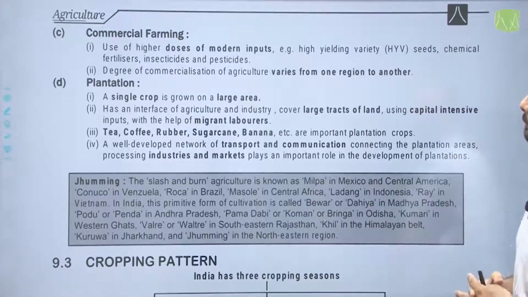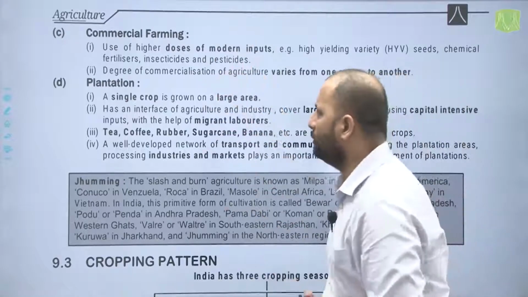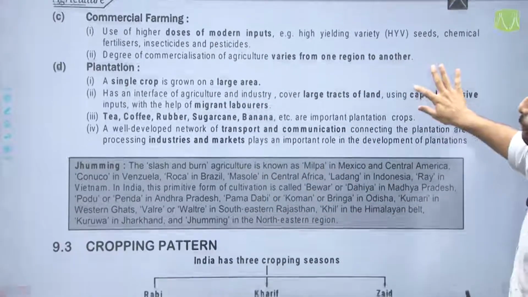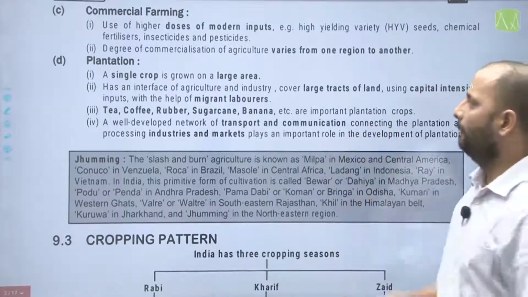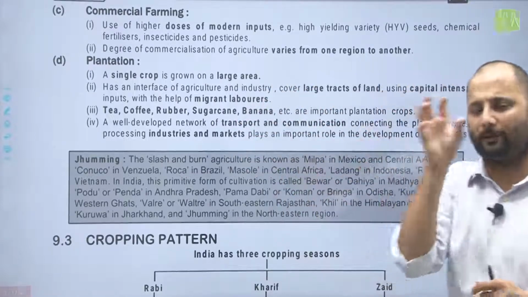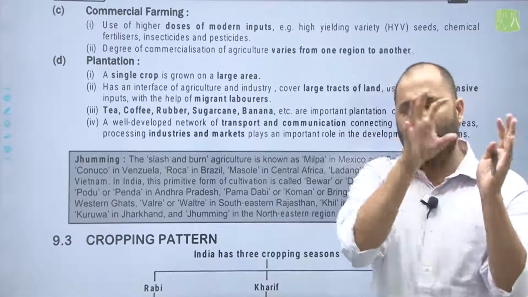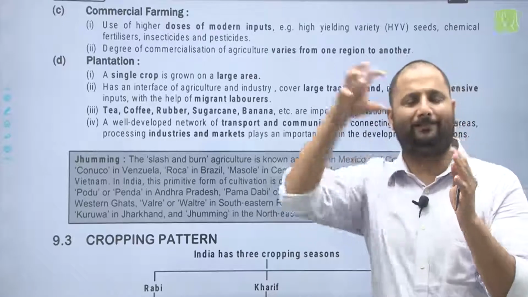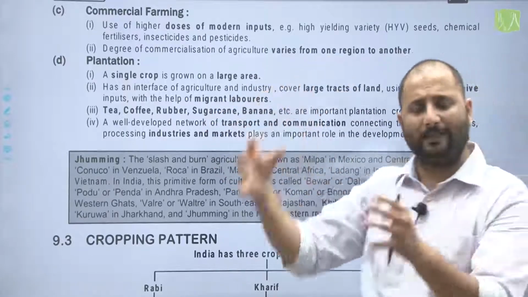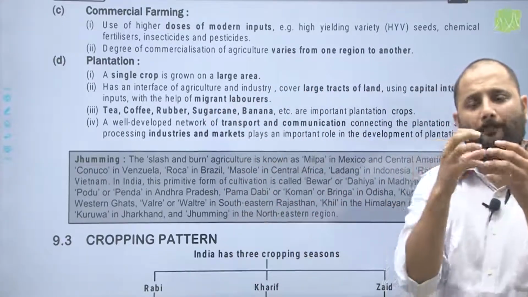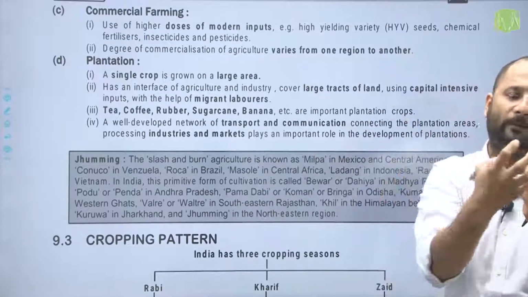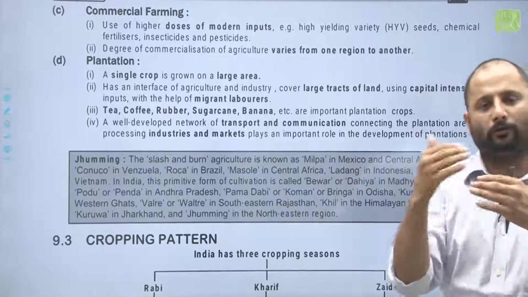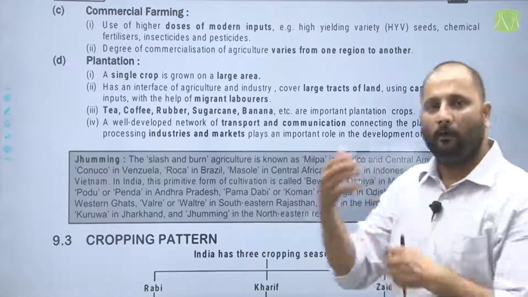Now, coming to the next part, that is plantation. On a plantation, a single crop is grown on a large area, and plantations generally contain the interface of agriculture as well as industries. That is, most plantations also have industries located within their vicinity, so that things can be processed at a faster rate.